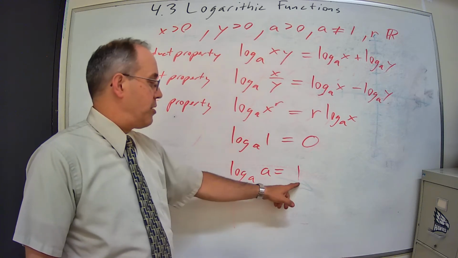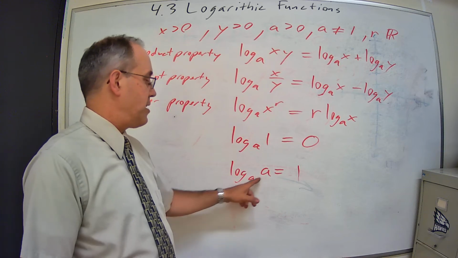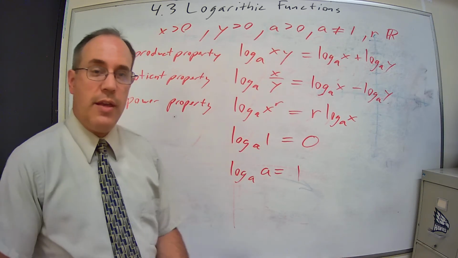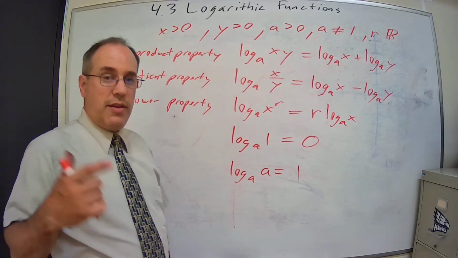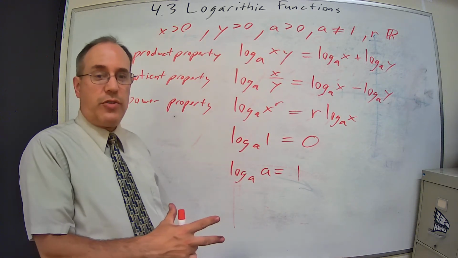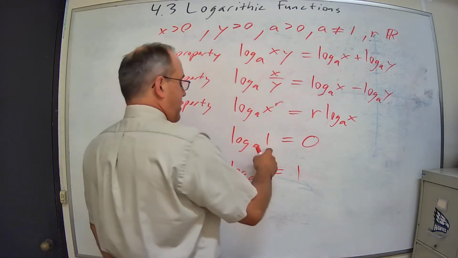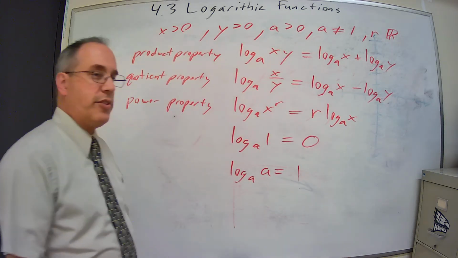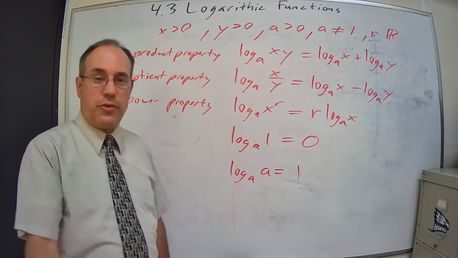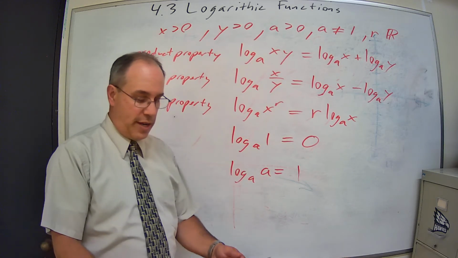Any number raised to the power of 1 gives you that number back. So log base a of a is equal to 1. And remember, these two properties just come from the definition that we gave initially, that log base a of x is equal to y is equivalent to a to the y is equal to x. So we can see those directly from that.